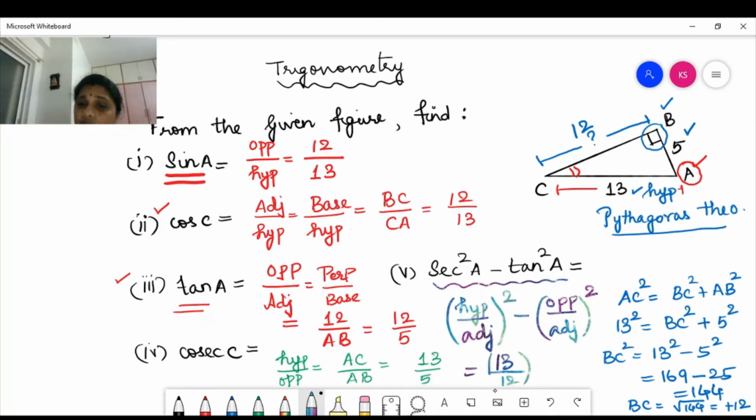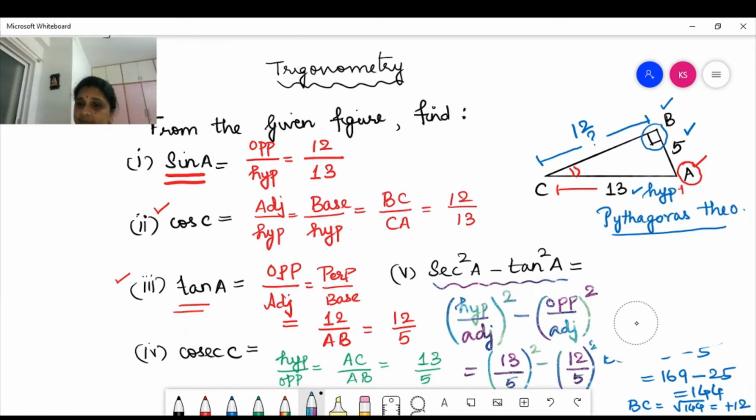So whole square, I'm sorry, it's not C, it's A. Secant square A: the hypotenuse is never going to change, divided by the adjacent. Adjacent to A is going to be 5, and I'm going to square it, minus opposite. Opposite of A is going to be 12, divided by the same adjacent 5, and I'm going to square it. Okay, so now how to solve this?